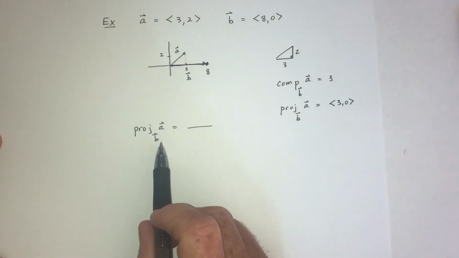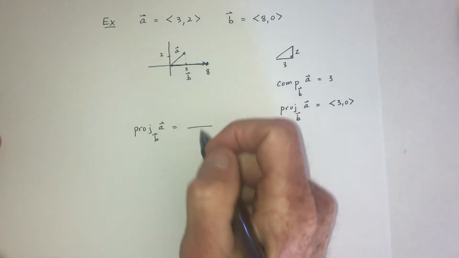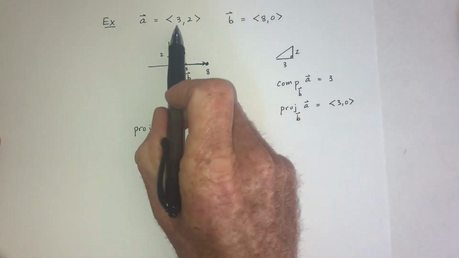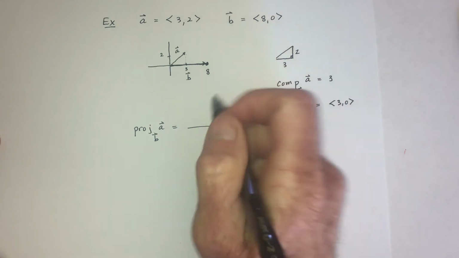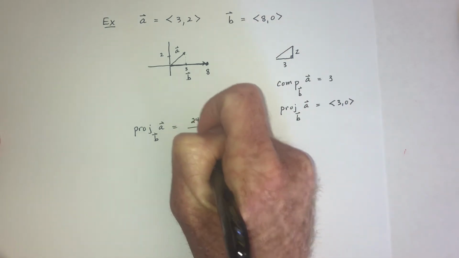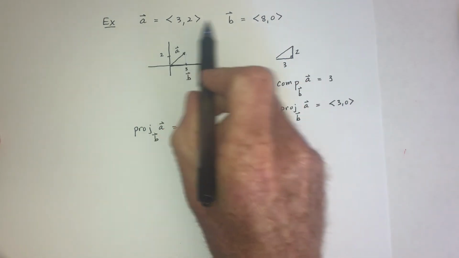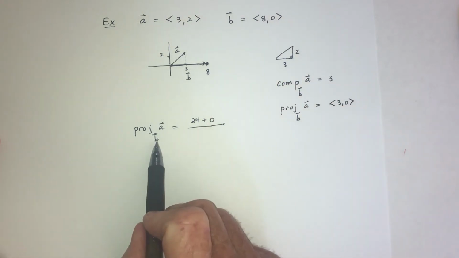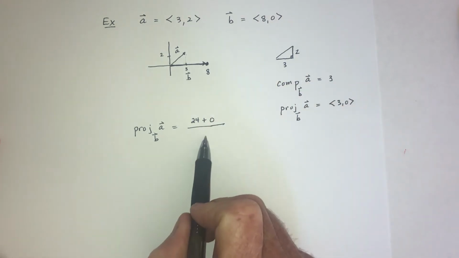So here's how I remember the formula. Projection, you need to know the dot product. So that would be 3 times 8, so that's 24, plus 2 times 0. And then because B is on the bottom, that goes on the bottom right here.